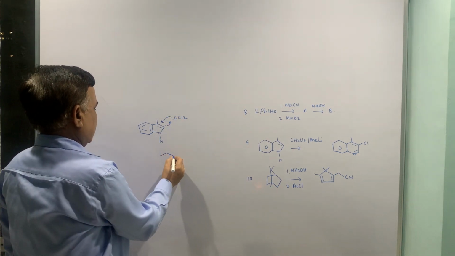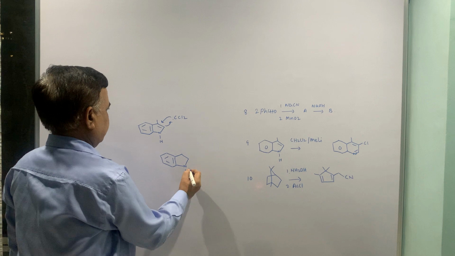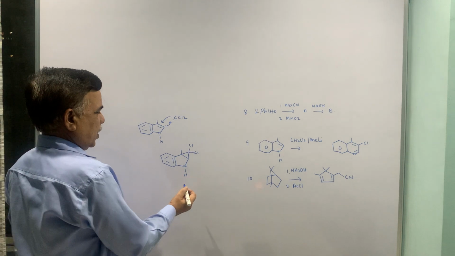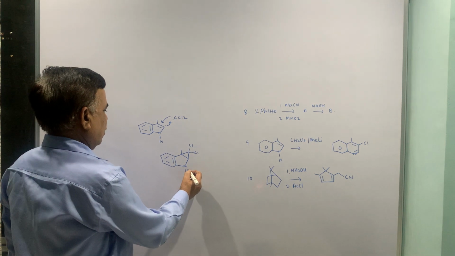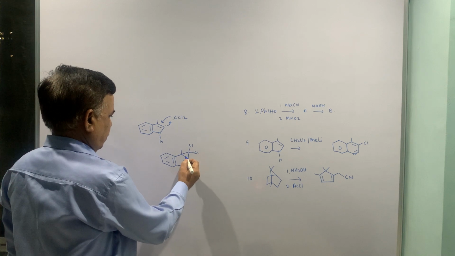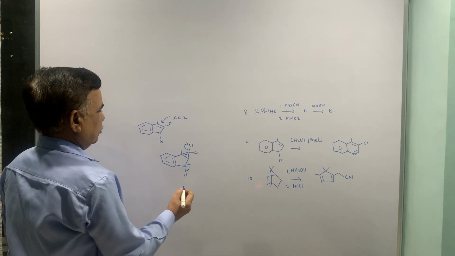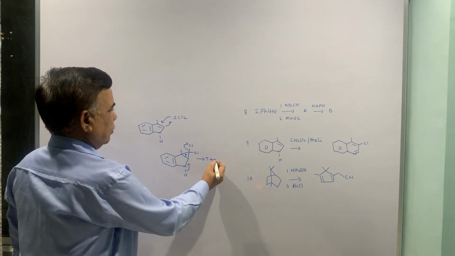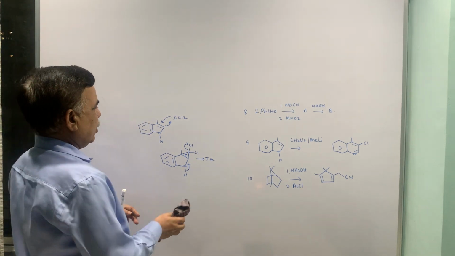This interacts and you will get the formation of... then in presence of base you can lose this, so ultimately it is the target molecule. Now this is your carbene addition across the double bond.